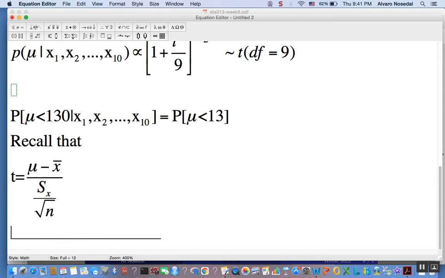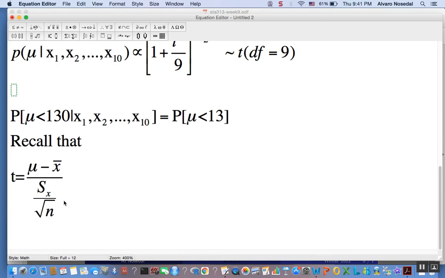Now this guy here is the probability that we want, the probability that mu is less than or equal to 130. But when we transform, then we get to use a standard t. We have tables for standard t distributions, and in the case of R, pt and qt have to do with the standard t distribution.